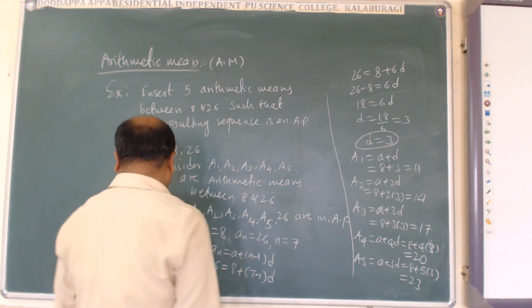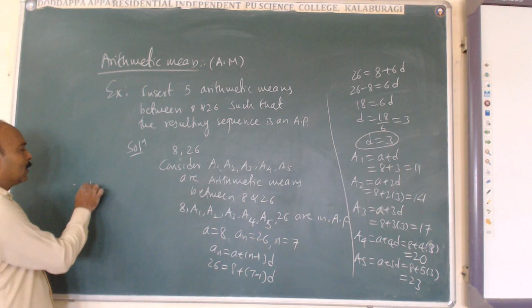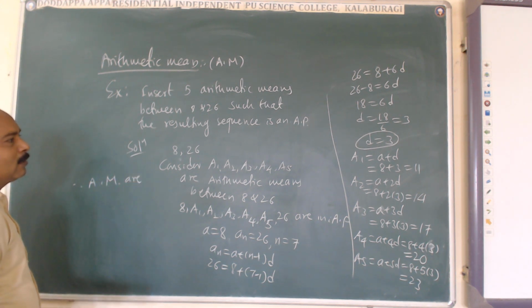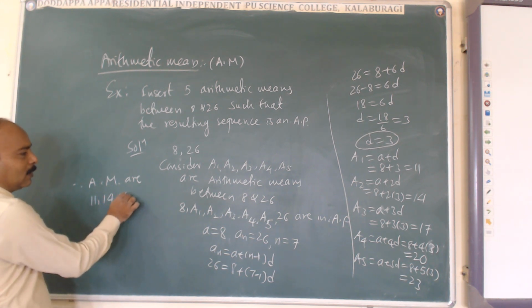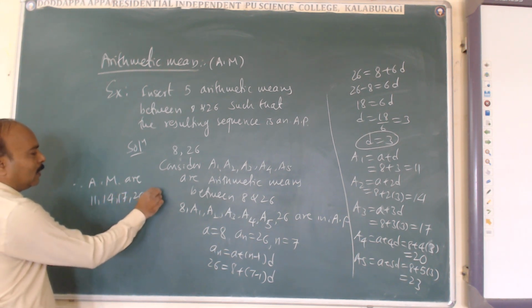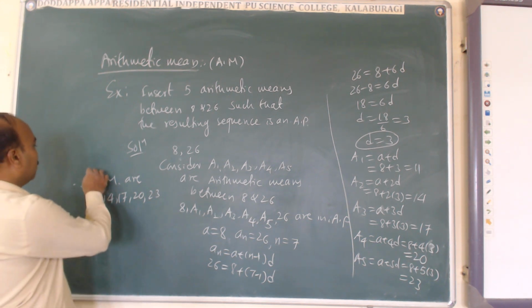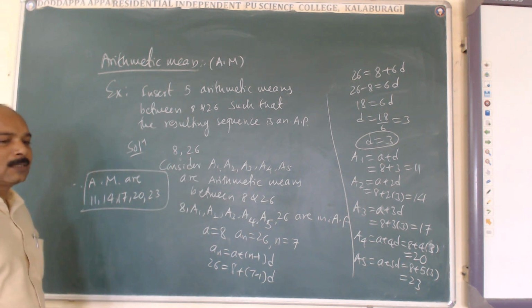Therefore the arithmetic means are, what I got here, first one is 11, after that 14, after that 17, after that 20, after that 23. These are nothing but 5 arithmetic means between the integers 8 and 26.